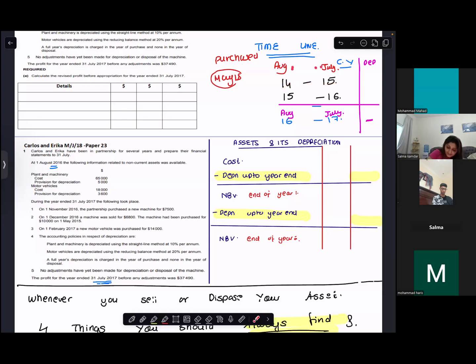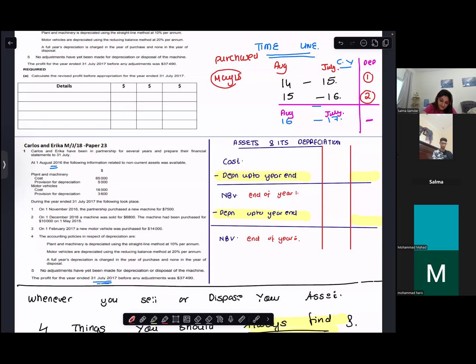So first year depreciation would be for 14, 15. Second year depreciation would be for 15, 16. So my first year is 14, 15 and my second year would be 15, 16. I am going to charge depreciation for 2 years.